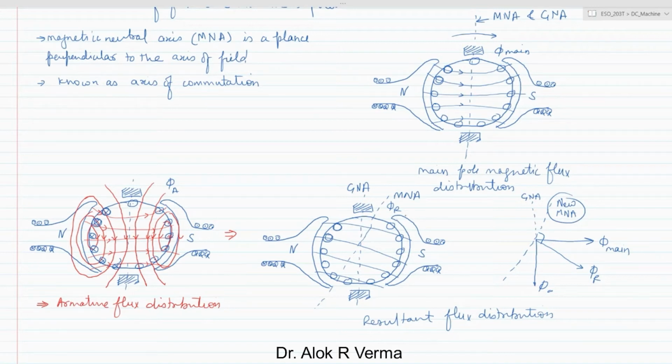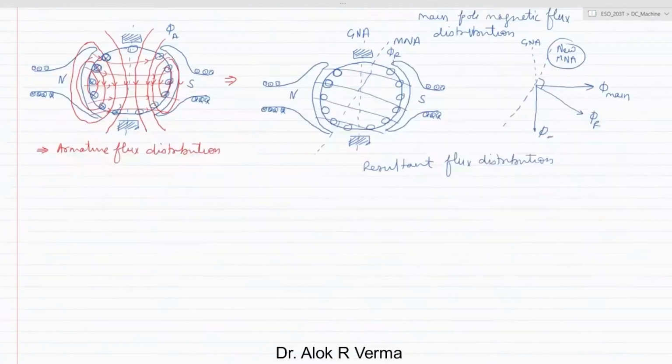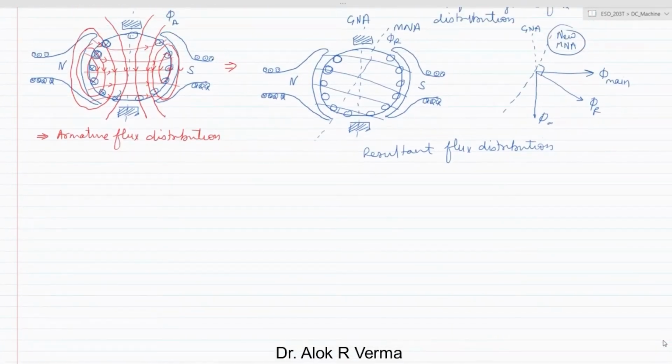So the idea is basically, the more the load current, the more will be the armature reaction. So what are the effects of armature reaction? What do you understand and what can you think of as an effect? So we can just note down the effects of armature reaction.